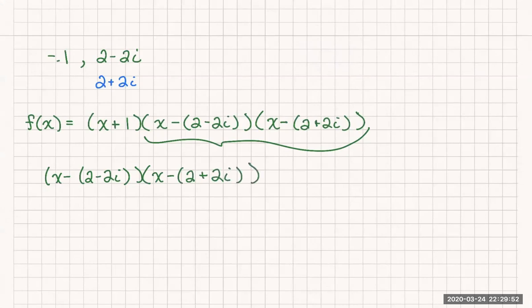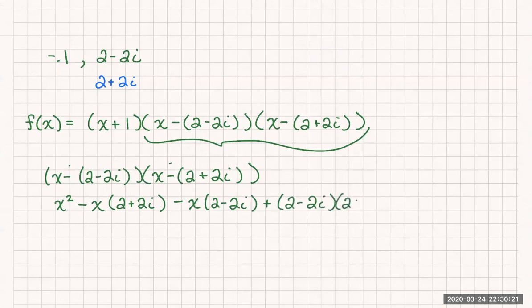And when I do the math, I get x squared minus x times (2 plus 2i) minus x times (2 minus 2i) and plus, because this negative times this negative is going to be plus, (2 minus 2i) times (2 plus 2i).